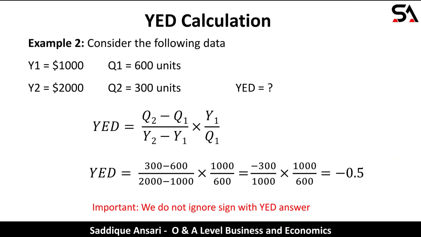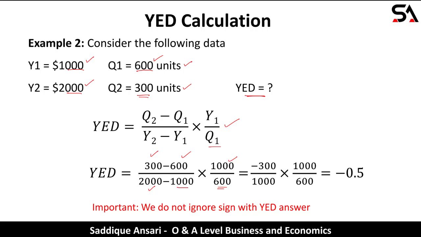Let's use the second formula. Here Y1 is equal to $1,000, Y2 is equal to $2,000, Q1 is 600, Q2 is 300, and we have to calculate income elasticity of demand. We'll use this formula. Let's put the values. Q2 is 300, Q1 is 600, Y2 is 2000 and Y1 is 1000, multiplied by Y1, 1000, divided by Q1, 600.